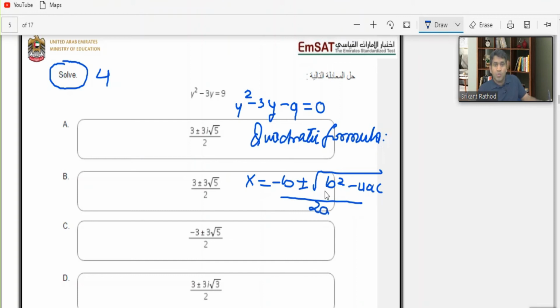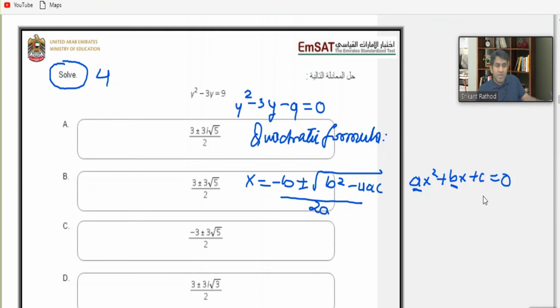I'm writing this rule based on the general expression, that is ax squared plus bx plus c equals 0, where a is the coefficient of x squared, b is the coefficient of x, and c is the constant term. Now compare this equation with y squared minus 3y minus 9 equals 0.